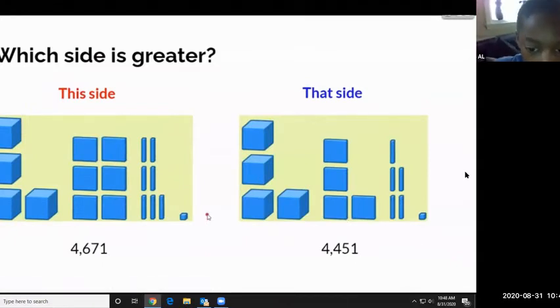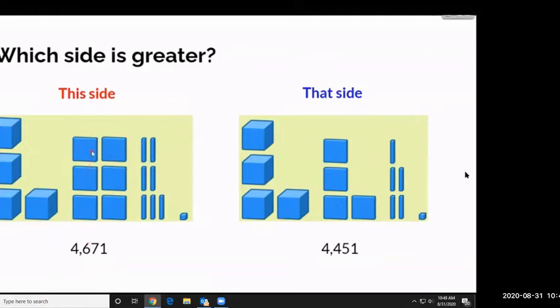What happens, Bobbert, when both numbers have the same amount of digits and the first digit is the same? This is 4,000 and this is 4,000. So what would I look at next? I would look at the hundreds. This number has 6 of them.